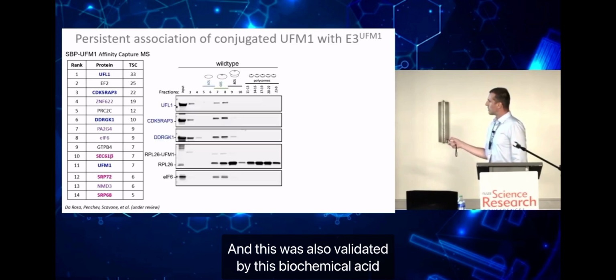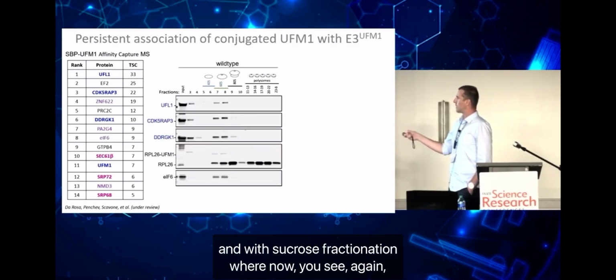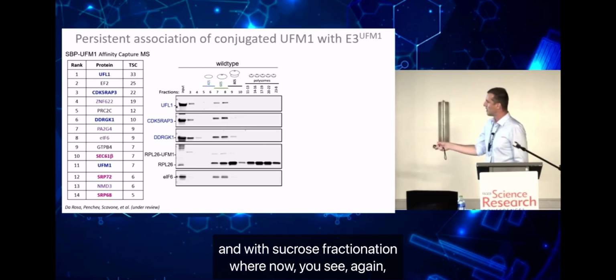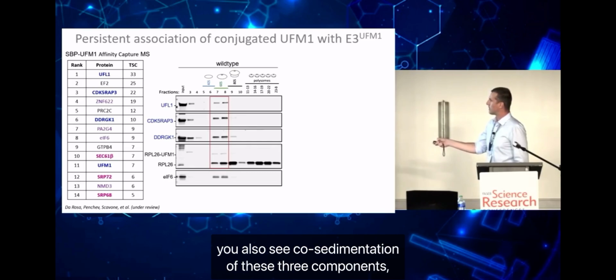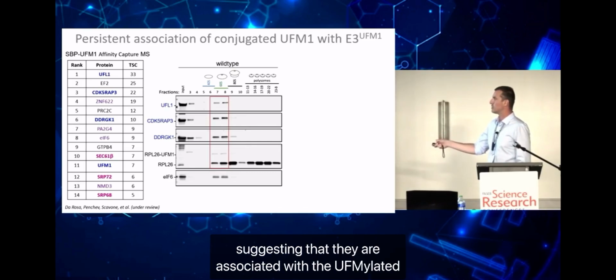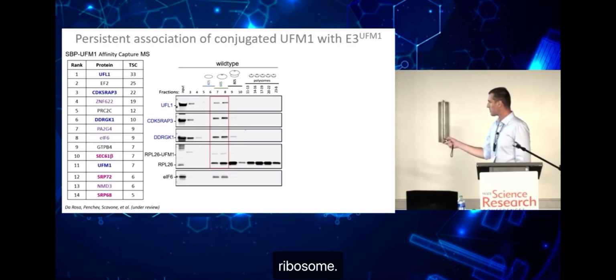This was also validated by a biochemical assay done with sucrose fractionation, where you see that when you have a UFMylated ribosome on the 60S, you also see co-sedimentation of these three components, suggesting that they are associated with the UFMylated ribosome.